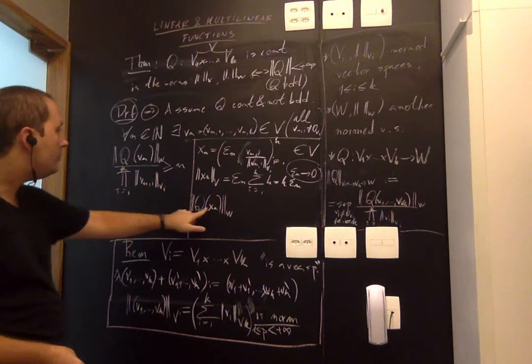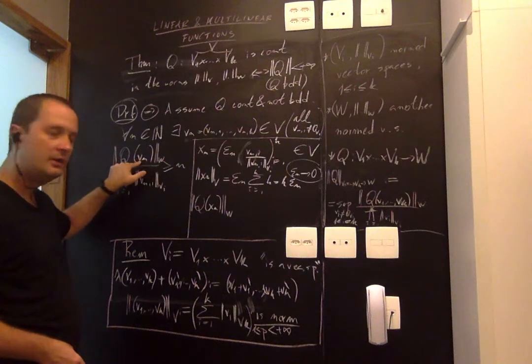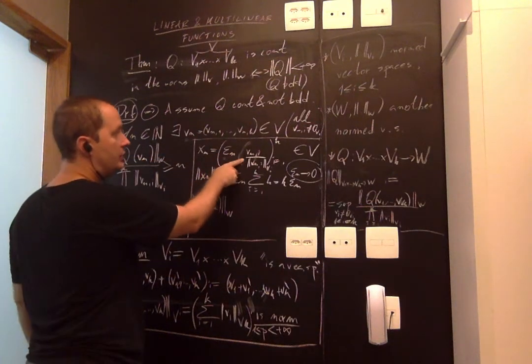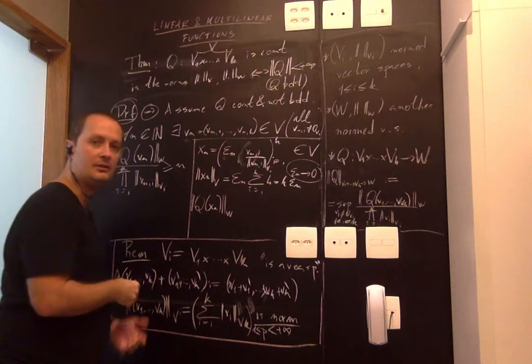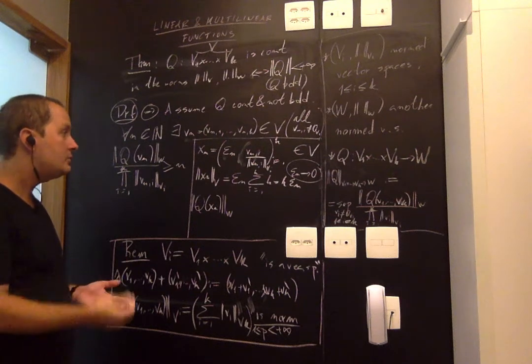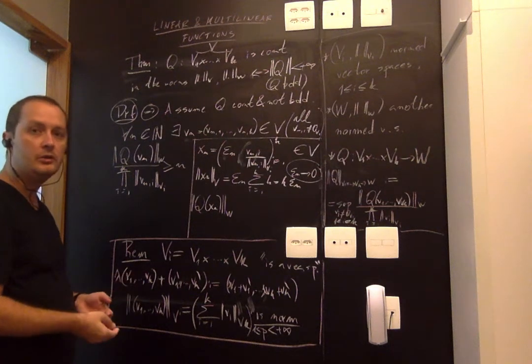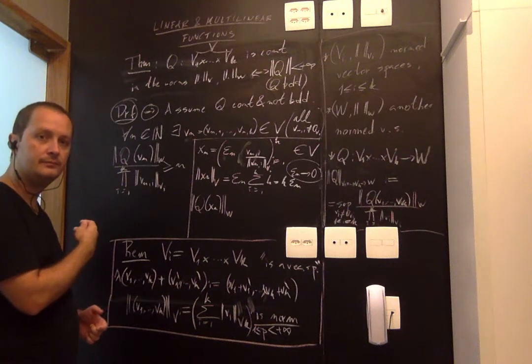So when I compute Q of x sub n, it's basically the same tuple that I have here, except that each input has been multiplied and divided by a scalar. So I know that Q is multilinear, therefore it's linear in each coordinate. So for each coordinate, I can move its scalar outside.